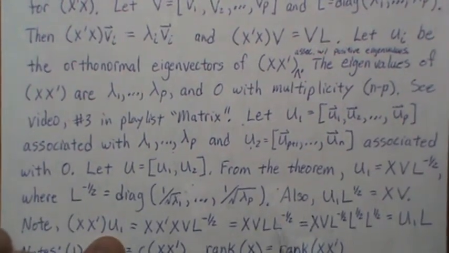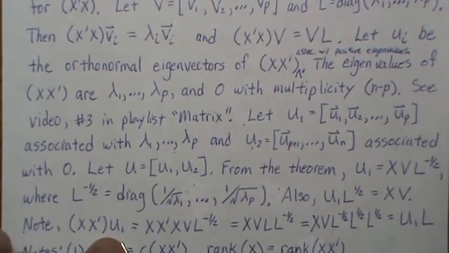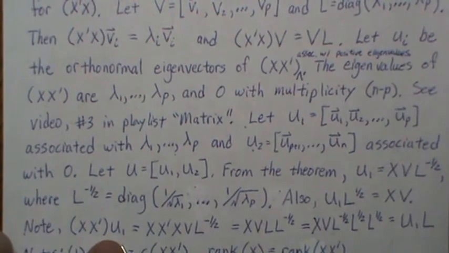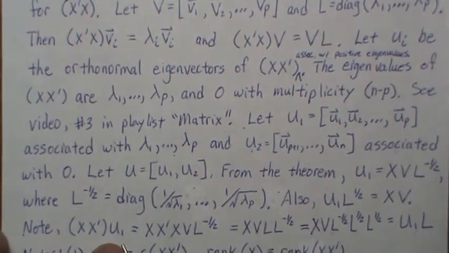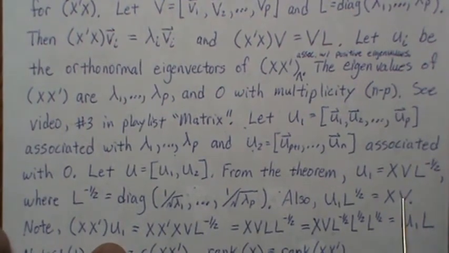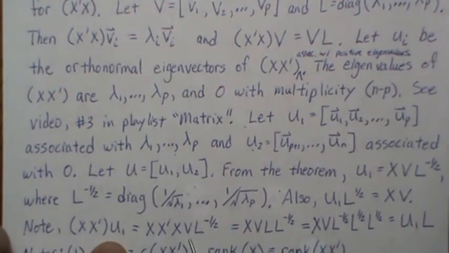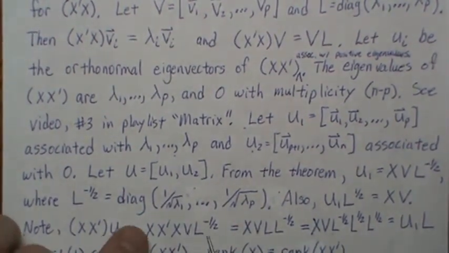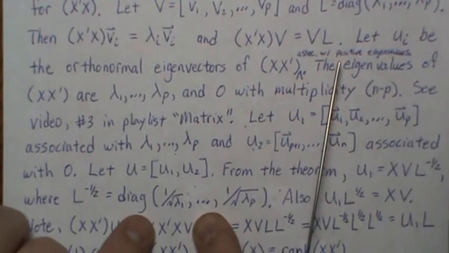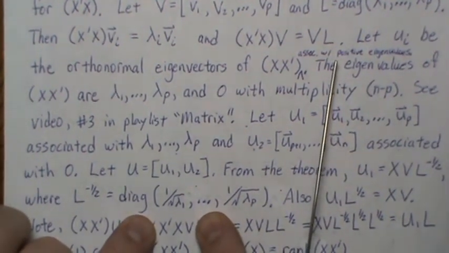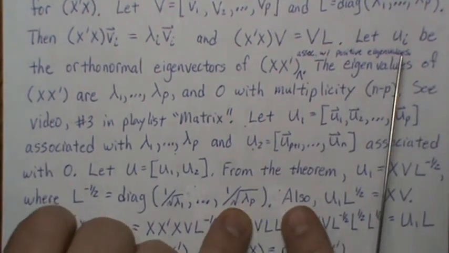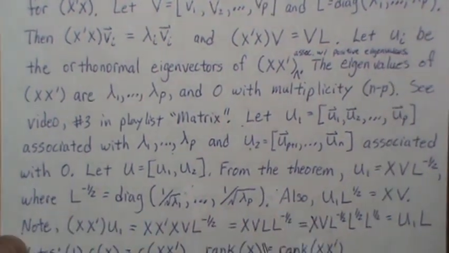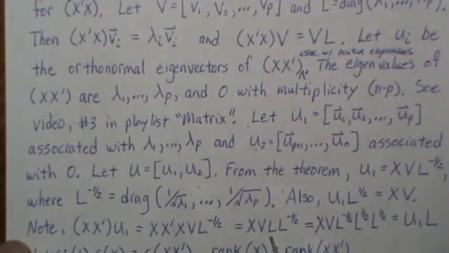We're going to use this on the next page, deriving the canonical form. But first let's show that U1 are indeed eigenvectors of X X transpose. Now U, we said, was of this form, so we plug it in here. But then V is eigenvectors of X transpose X, so that becomes V L, where V is eigenvectors and L is eigenvalues.